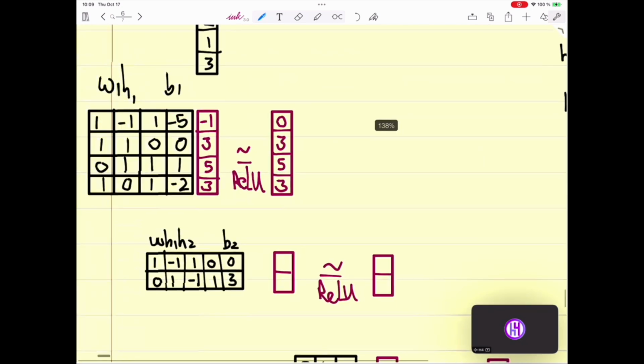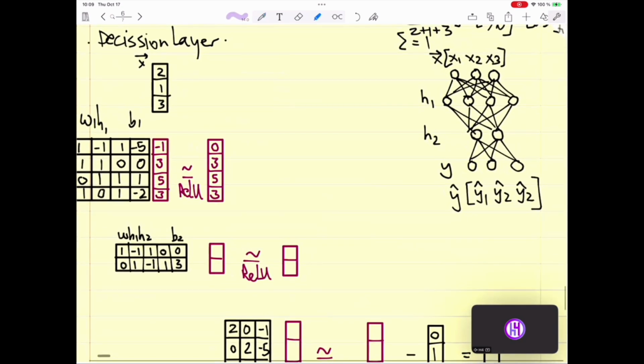This is our first, and then what we do is we take this and calculate this, and so on. So 0 times 1, 0, -3, plus 5 is 2. Seems to be a 2 there. And 0 times 0, 3, minus 5, minus 2, plus 5, 3 plus 9, gonna be 4. Okay, so we have a 2, 4.